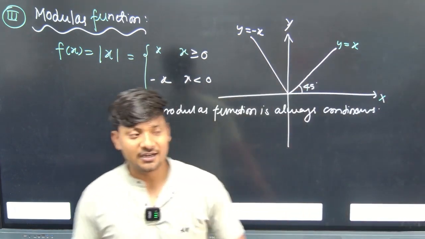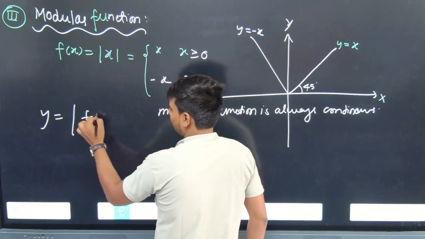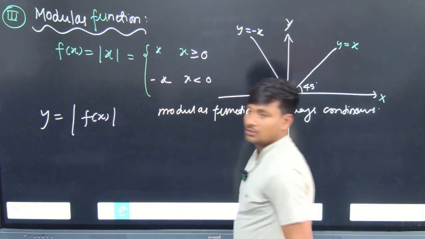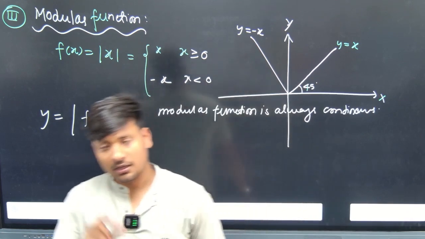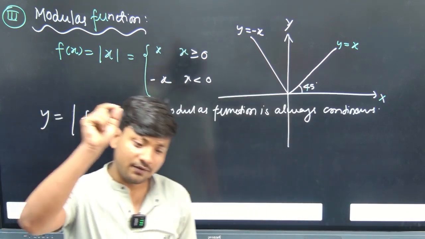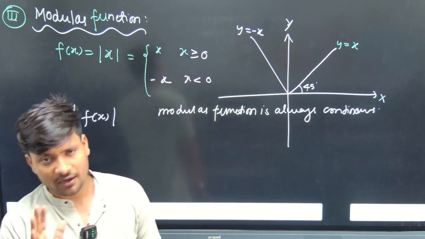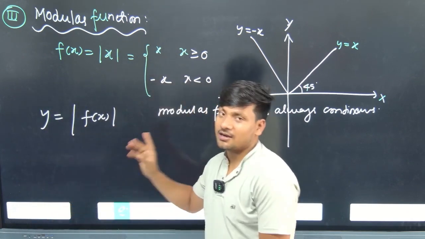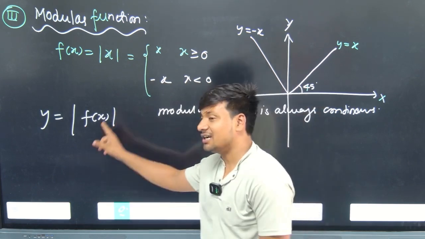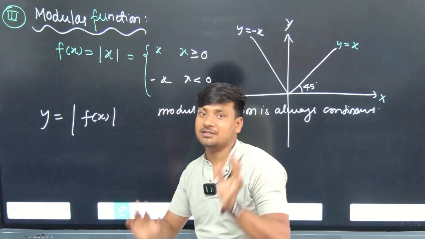Now we will see that whenever we have a function like this one, y equal to mod of fx. So see, modulus function does not affect the continuity. If your function is continuous, then mod fx is also continuous. But if we have discontinuities for fx, then you have to check that. Okay, but if we are sure that fx is continuous everywhere, then mod fx will also be continuous everywhere.